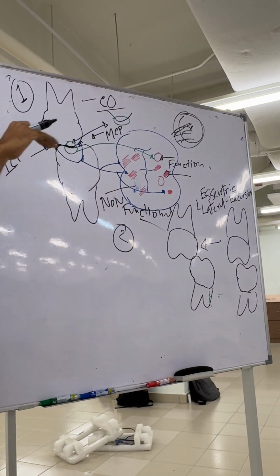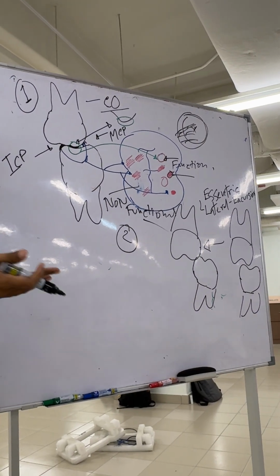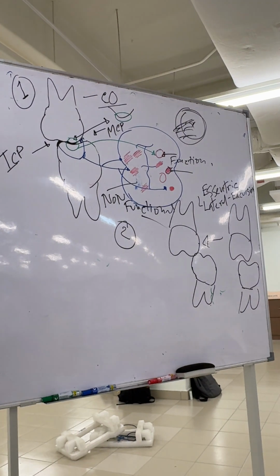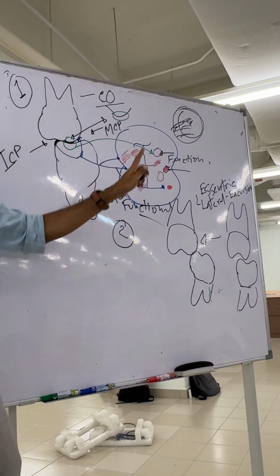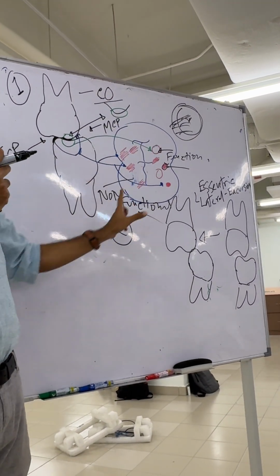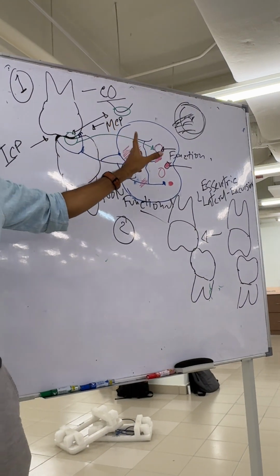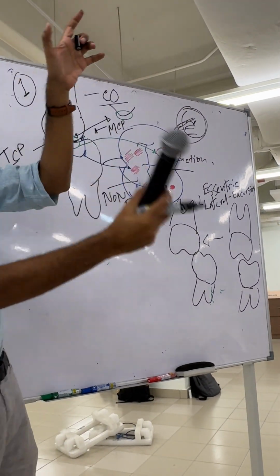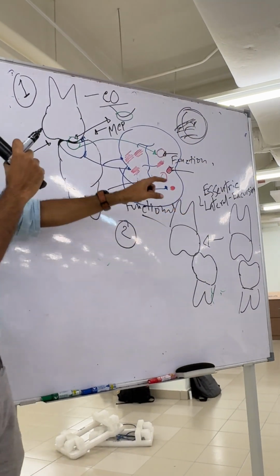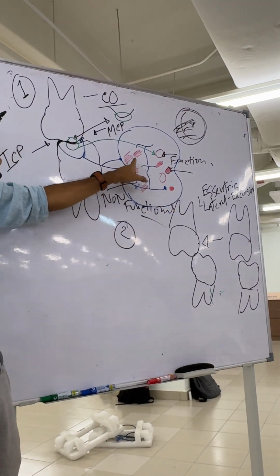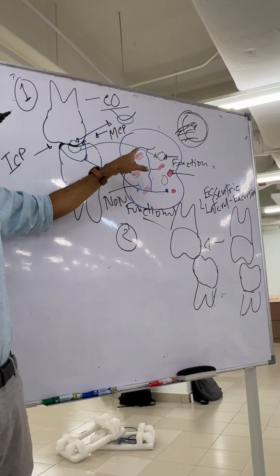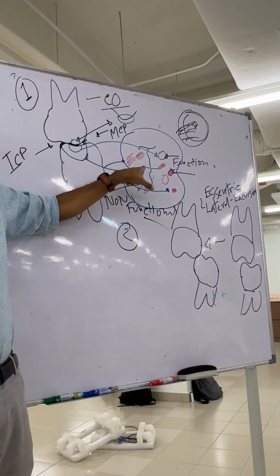The upper non-functional should not be touching the lower one, right? But you could see some contacts are here, right? Right now I am talking about the scenario where I am only checking the centric occlusion. I have not started checking the lateral one. So don't get into lateral discussion, right? I am checking this one, okay? So in centric occlusion, why am I having contact points or bite in this area? I should not be having it.